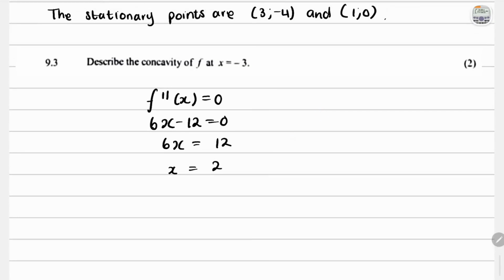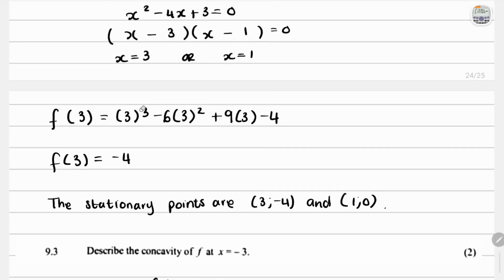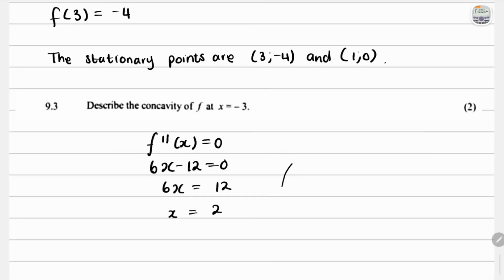A rough sketch of this: you know that this graph is a cubic function with a positive a value, so it looks like an n, right? It looks like that. If you know that it changes concavity at x equals 2, it means it's concave down all through here, then concave up all through here. Where would negative 3 be in reference to this?